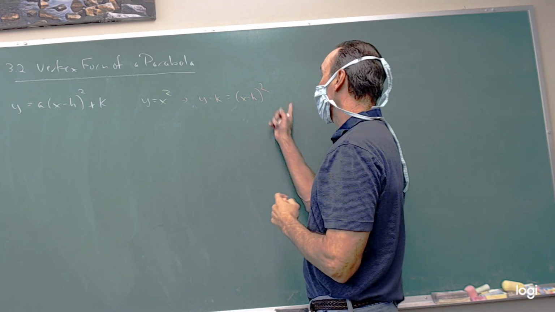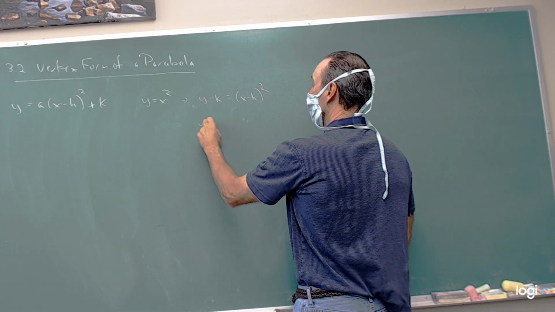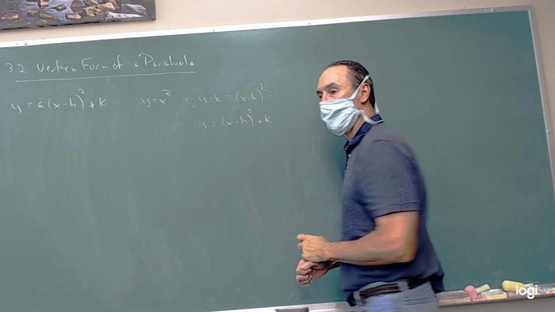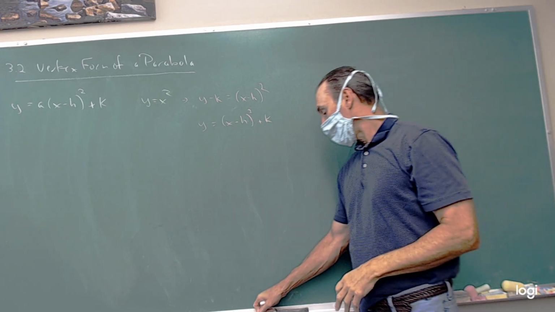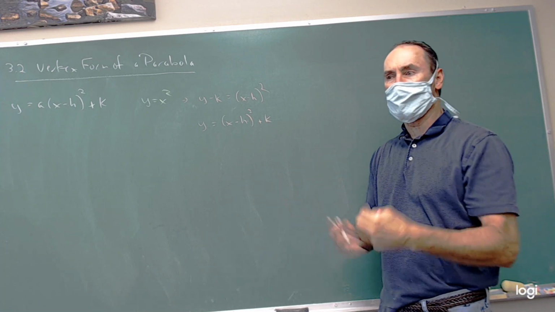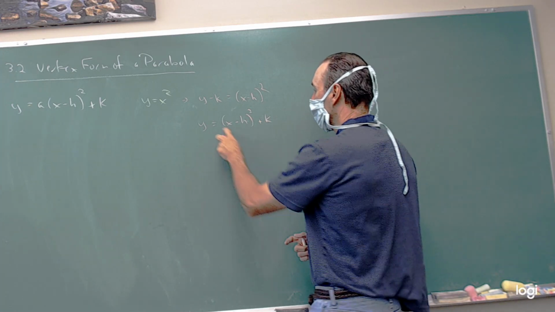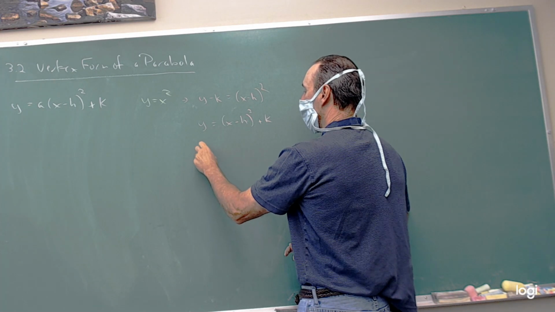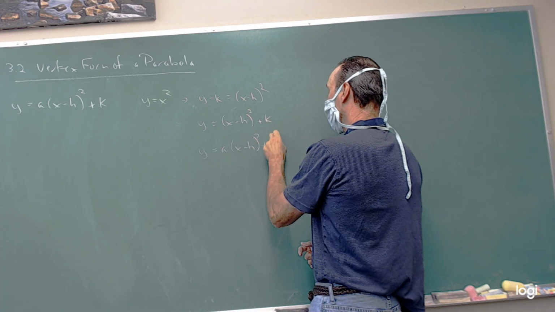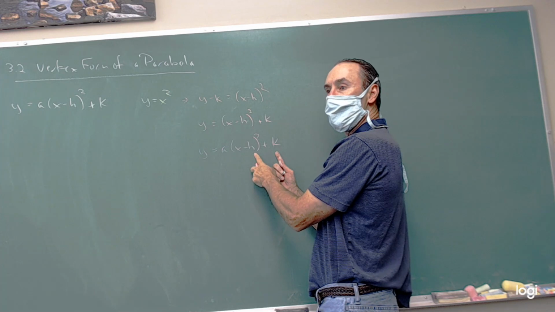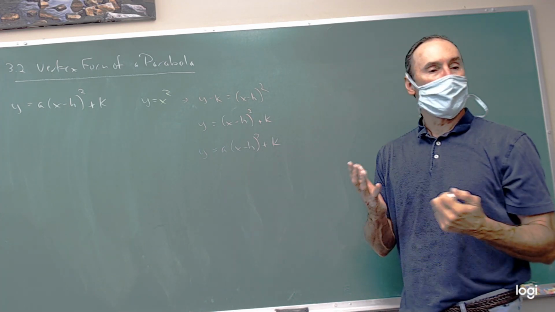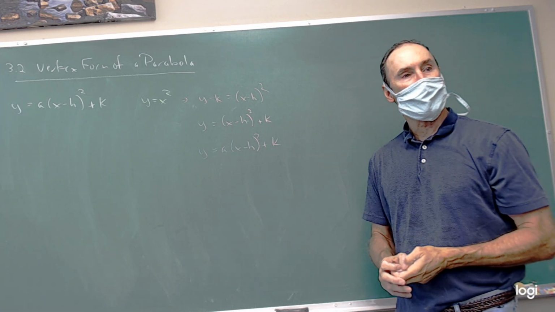And then if we just move the k to the other side, then it's going to be x minus h squared plus k. And now the vertical stretch or shrink, which we haven't really talked about generally yet, but you saw in your algebra 2 days, you can get that by multiplying here. So the h and the k is going to be the translation, and the a is going to determine whether it's going to be a stretch or shrink vertically or horizontally.